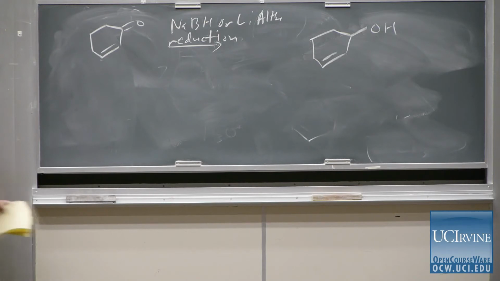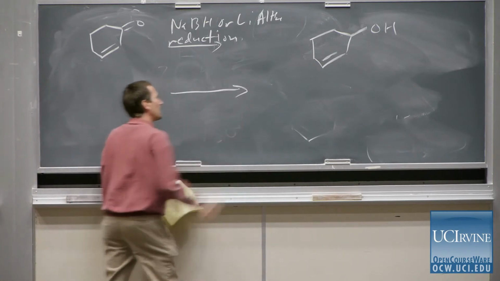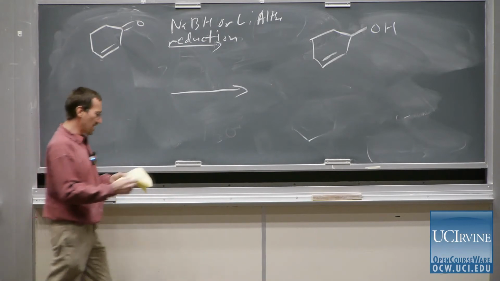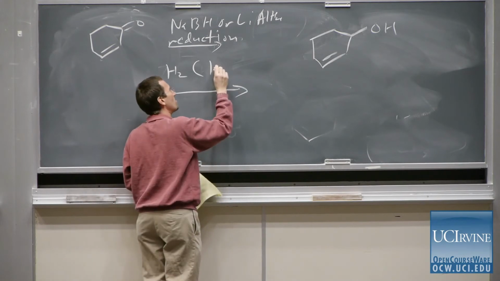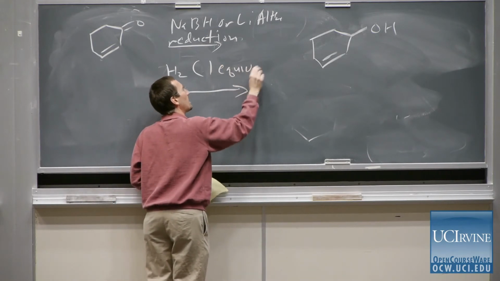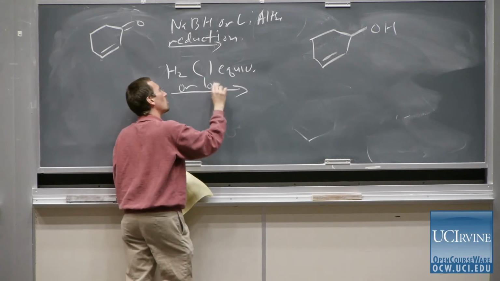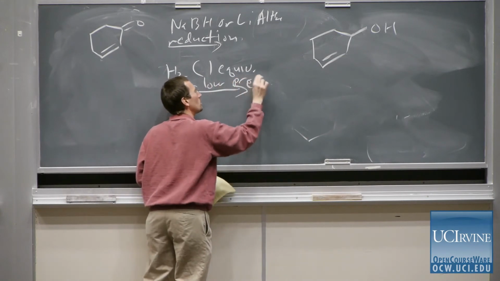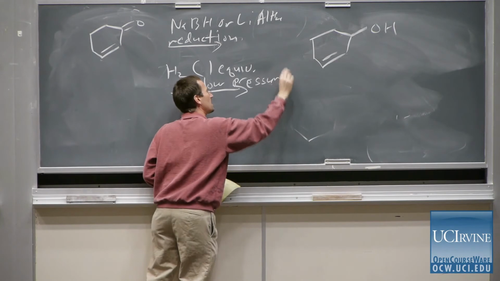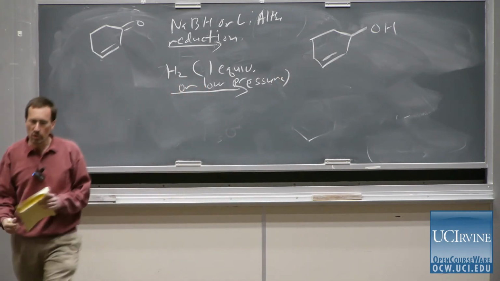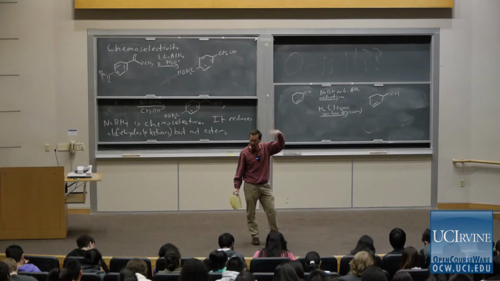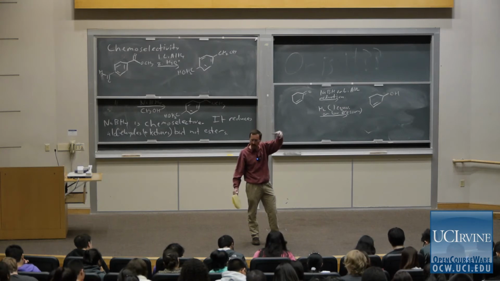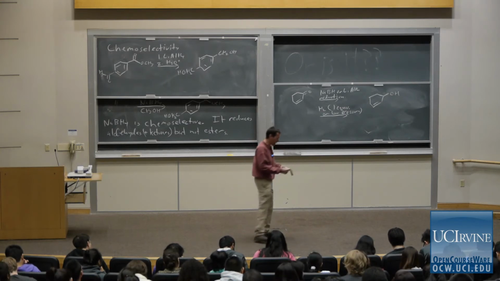If we take this same cyclohexenone and instead perform catalytic hydrogenation on it, your textbook writes one equivalent of hydrogen, and I will add or low pressure. In other words, the way you could do this reaction is either to control the amount of hydrogen that you're adding, or carry out the hydrogenation quickly with just a balloon of hydrogen at atmospheric pressure, monitoring by TLC.